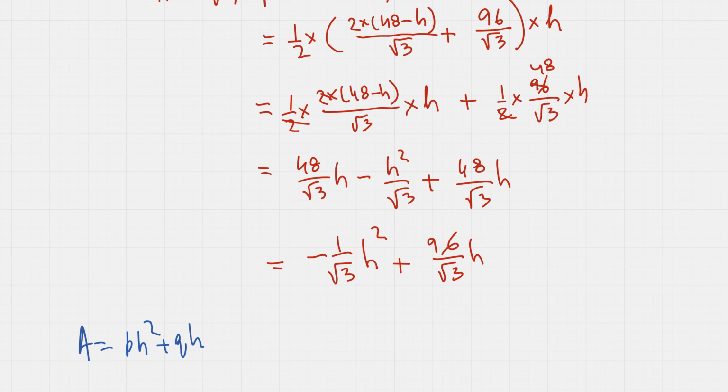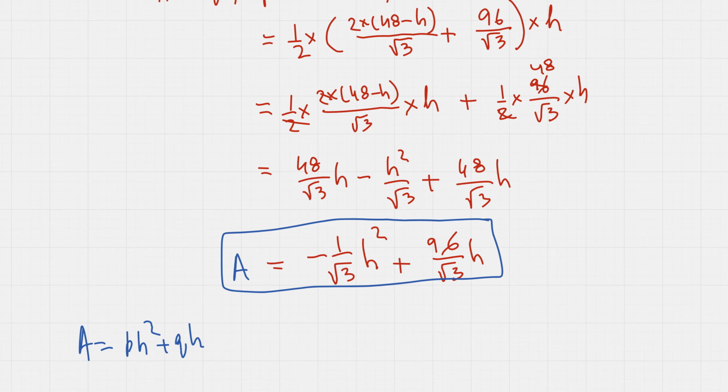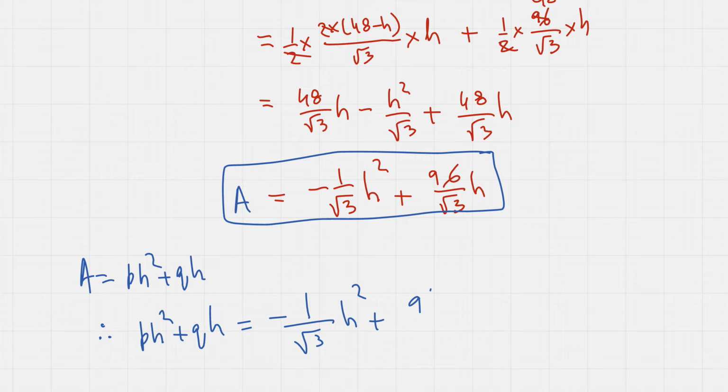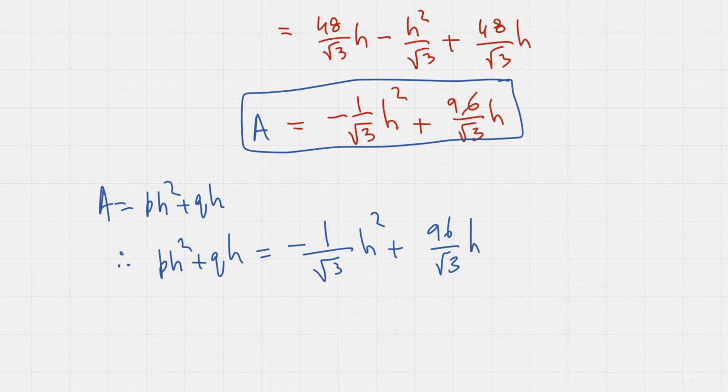And that's the area of the shaded part, and this is also equal to A. Therefore, P h squared plus Q h equals minus 1 over root 3 h squared plus 96 over root 3 h.